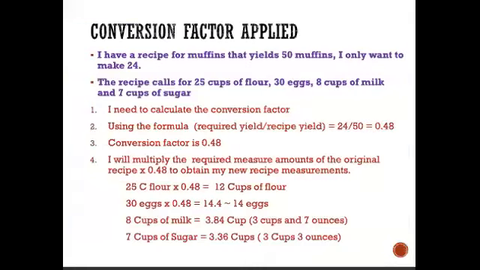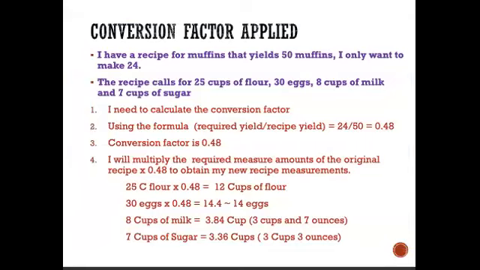Right? Let's apply it here. I have a recipe for muffins that yields 50 muffins, and I only want to make 24. In the example before, we were making it higher in volume, and now we want to reduce the volume, right? Reduce the amount of portions that we want to make.